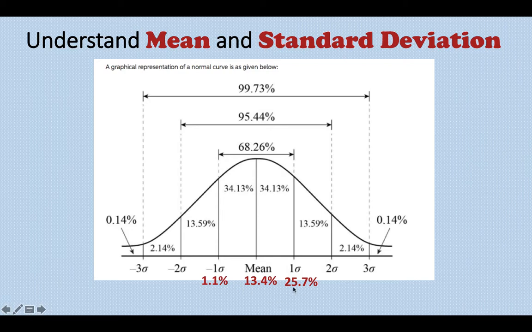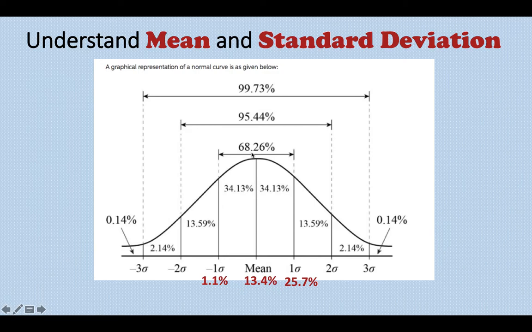Then you add the standard deviation, which gives you 25.7%. So within one standard deviation, the return range is 1.1% to 25.7%. And the probability is 68.26%. We just say 68%.